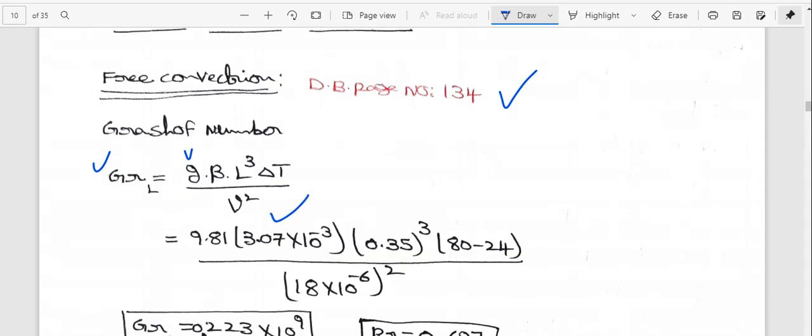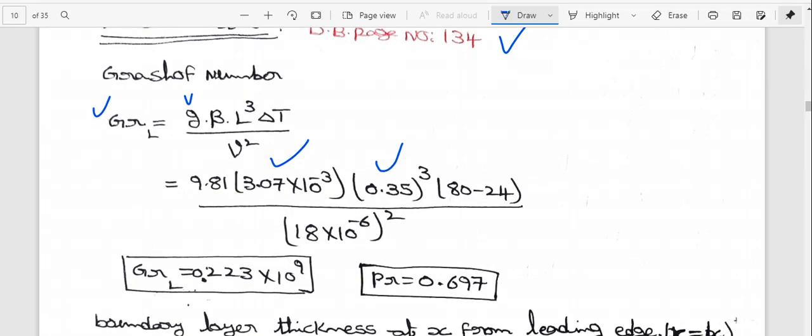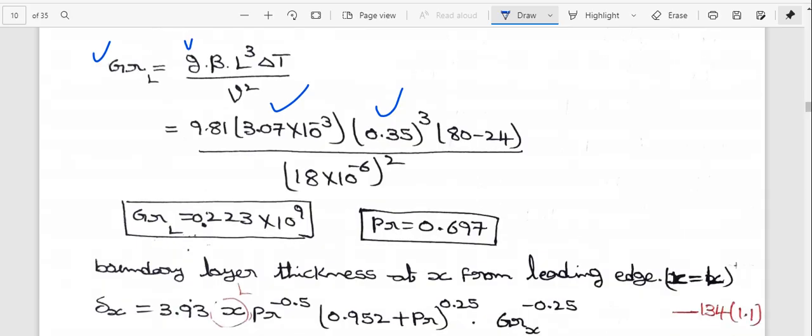Now the length of the glass plate is 0.35, whole cube, times the change in temperature, wall temperature minus ambient temperature, whole divided by kinematic viscosity squared.